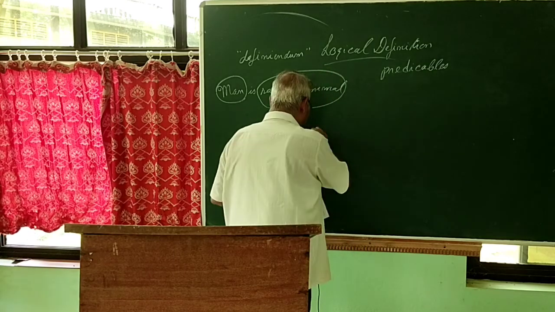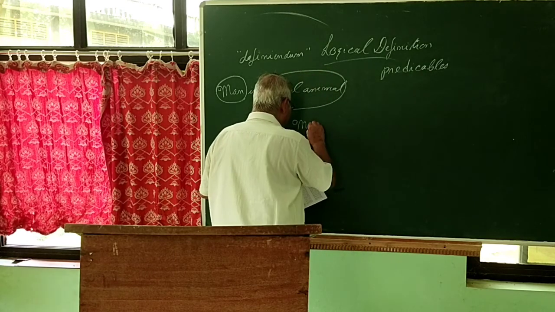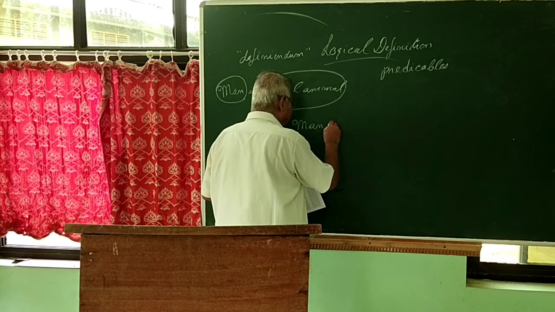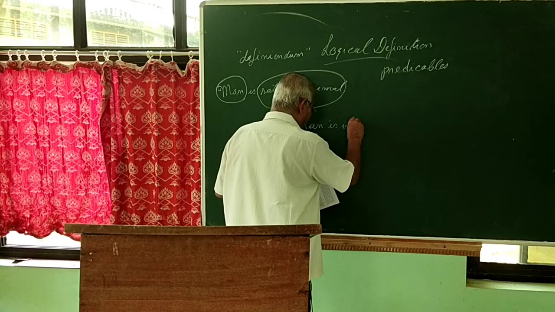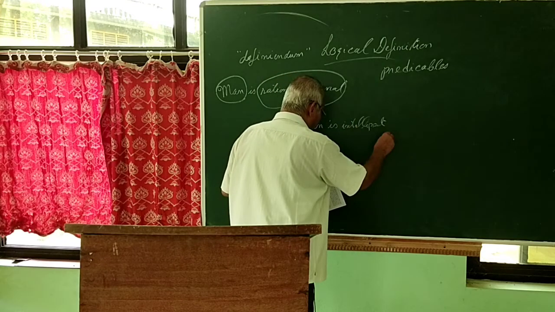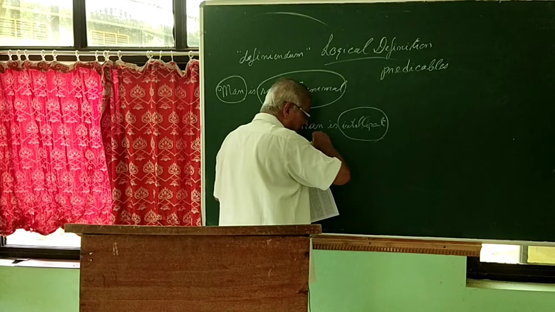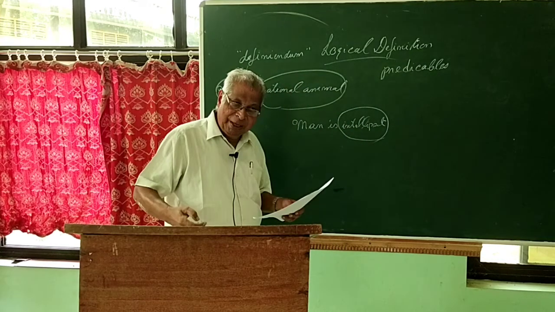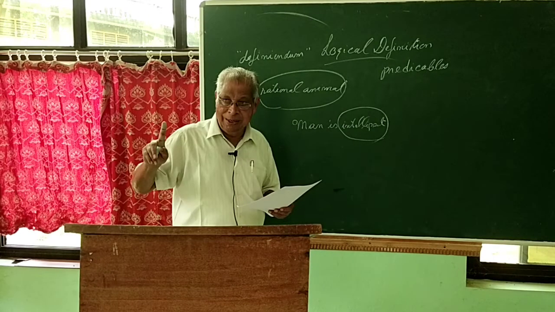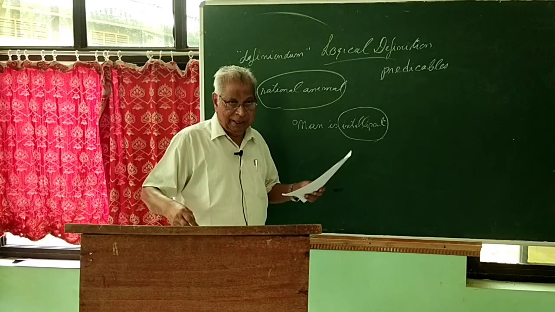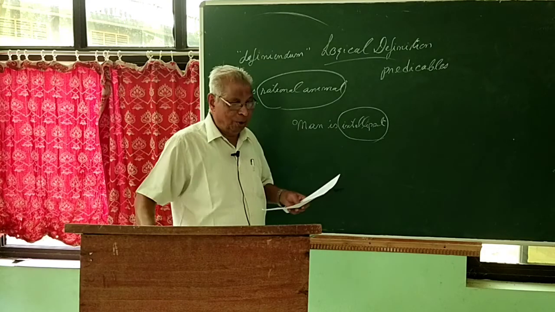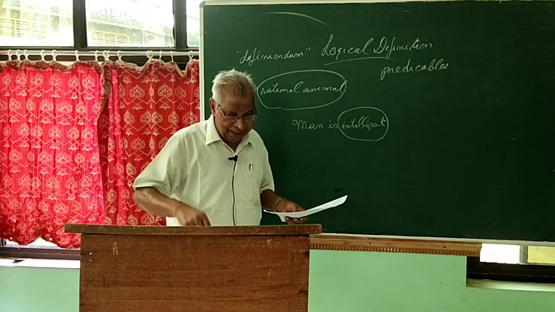We say this man is intelligent. Is intelligent is a predicate. And thus we can use so many predicates, but there are only five kinds of predicates, and those are generally called predicables.